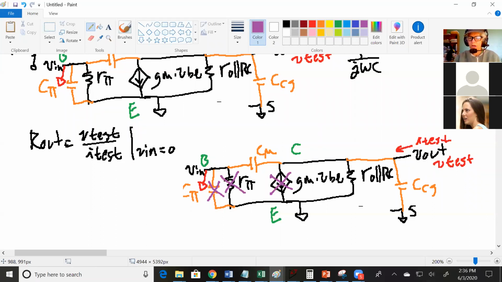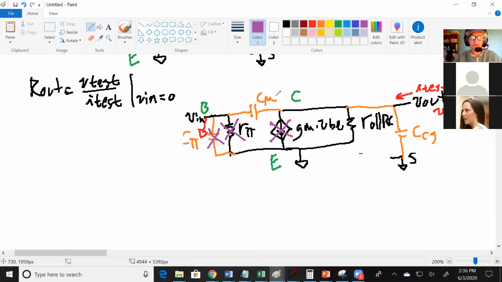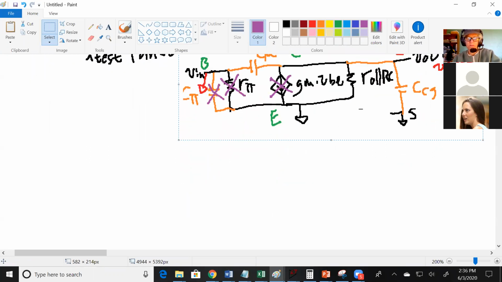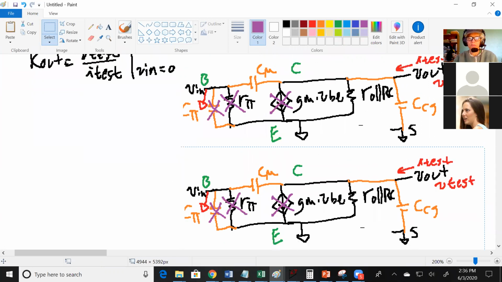And then to make this a little bit easier to see, let's see if this fits down below. Okay. So let's get rid of some of that stuff. All this goes away.